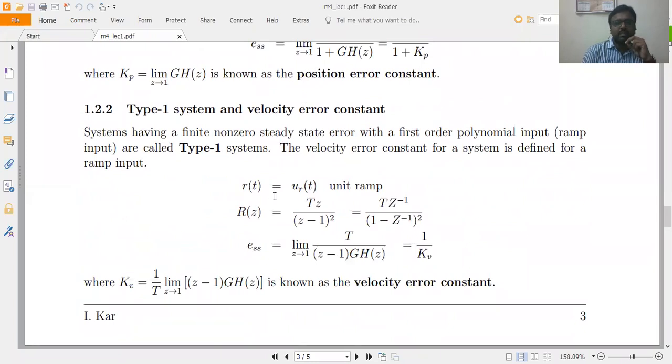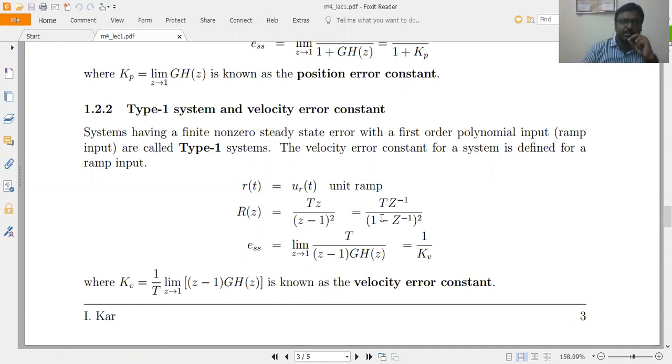Applying the Z transform to this function, we get R of z equal to T z divided by (z minus 1) whole square, that is equal to T z inverse divided by (1 minus z inverse) whole square.